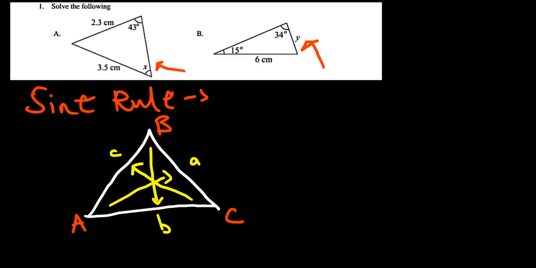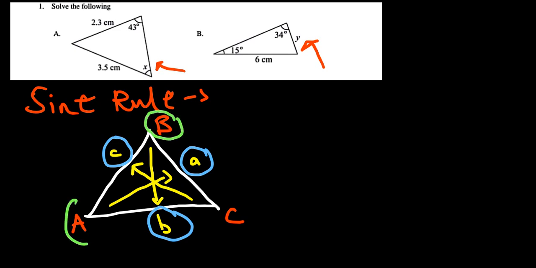So what do we notice? We have smaller letters to describe the sides of these triangles, and then we have a capital letter to describe the angles. So those A, B, and C are angles.